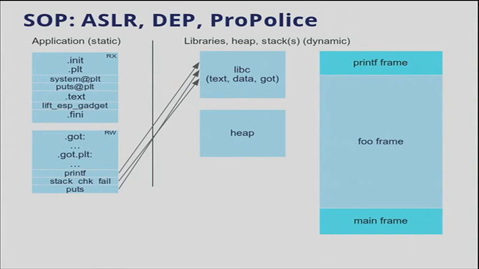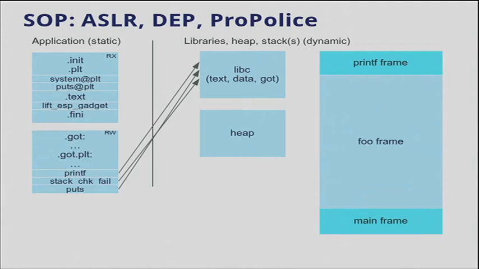That's the init section, the PLT section, the text section, and the finish section. In the PLT section, we have the two link calls, system at PLT and puts at PLT. And in the text section, at one point, we have our little and nice lift ESP gadget.